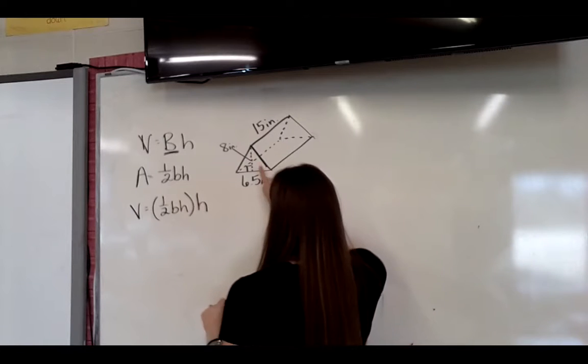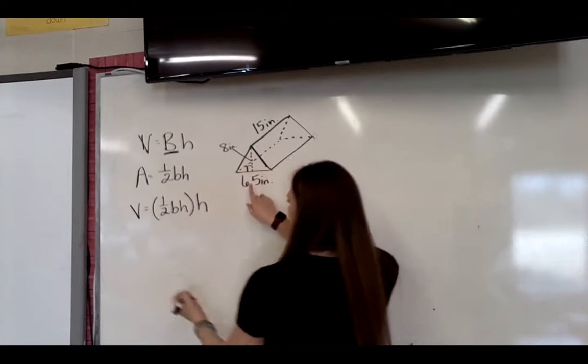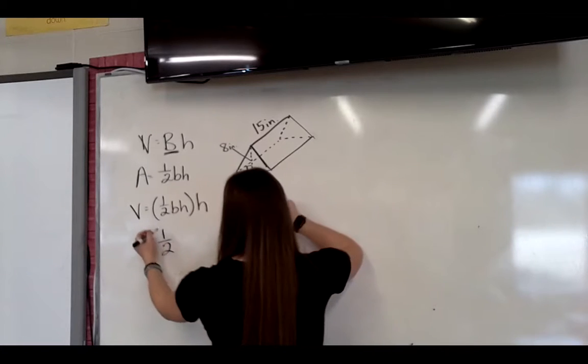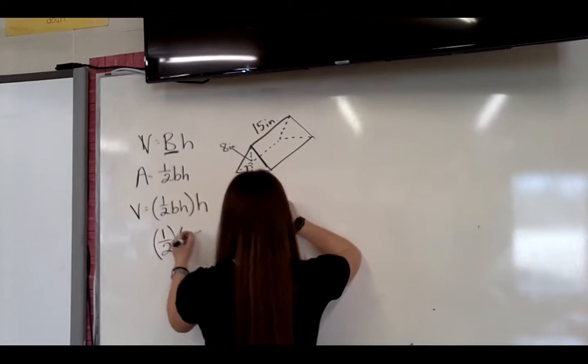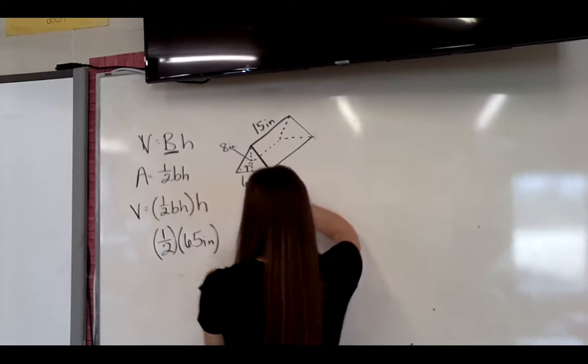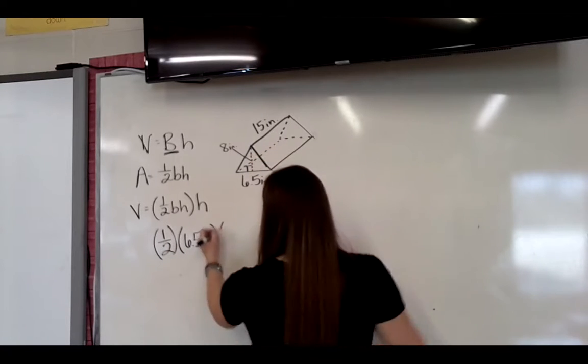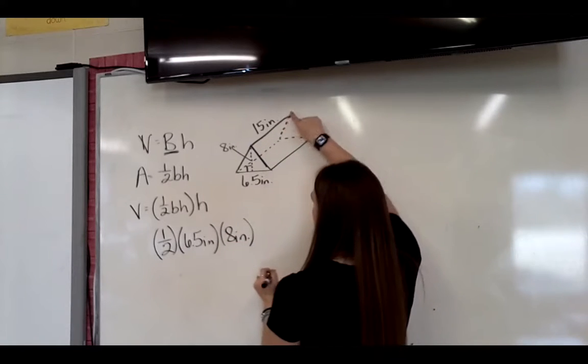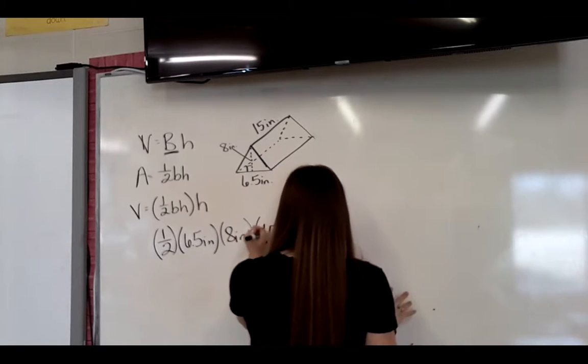So, looking at just the triangle, I have 1/2 times the base of this triangle is 6.5 inches times the height of the triangle, and they already gave us that is 8 inches, times the height of the whole figure. So times 15 inches.